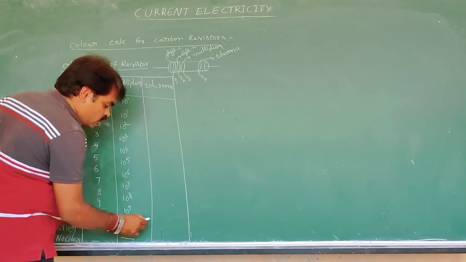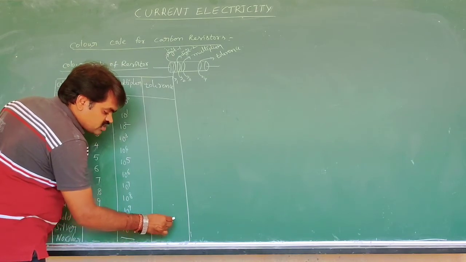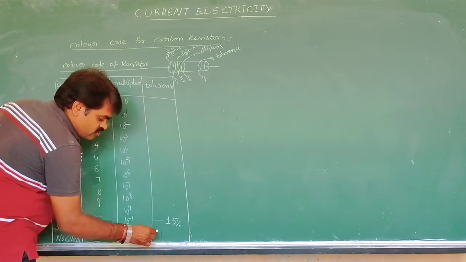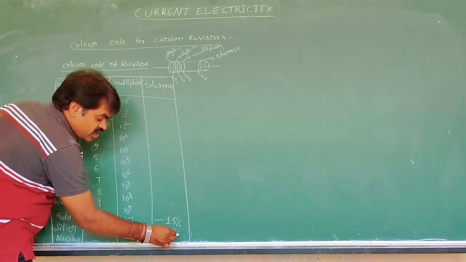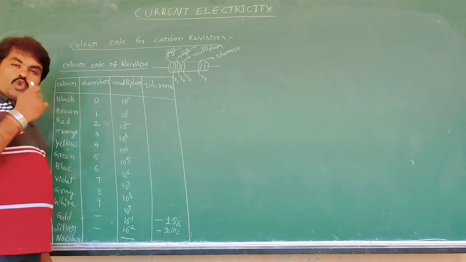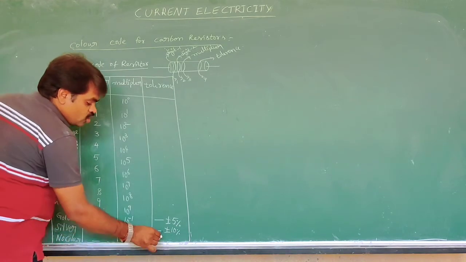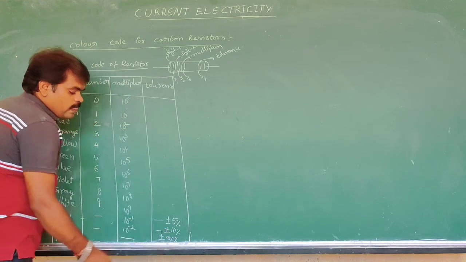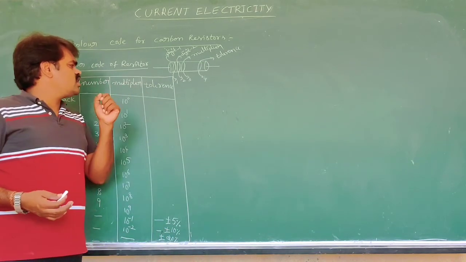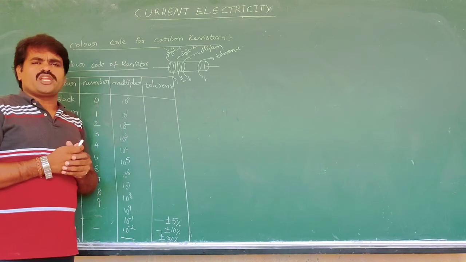Tolerance for gold is plus or minus 5%. Silver is plus or minus 10%. For the fourth band, if it is no color, the tolerance of that resistor is 20%. What is tolerance?